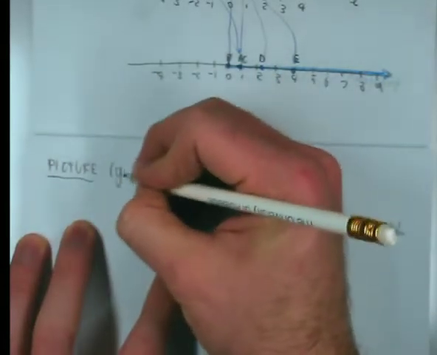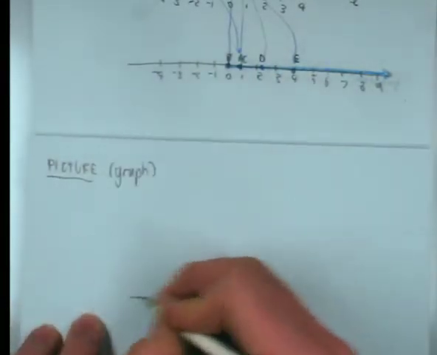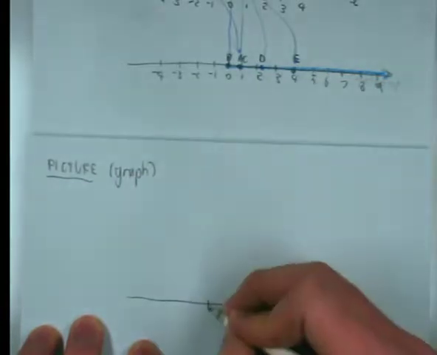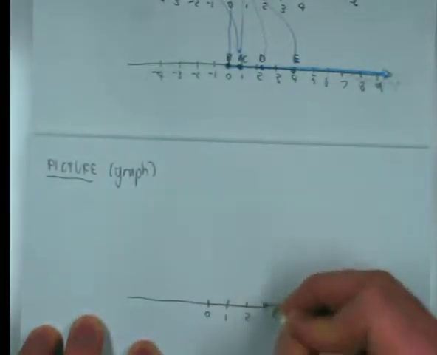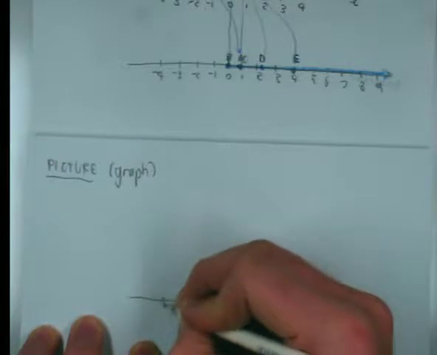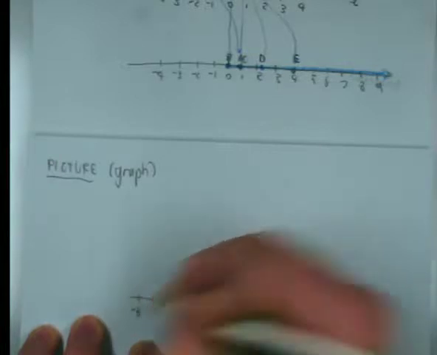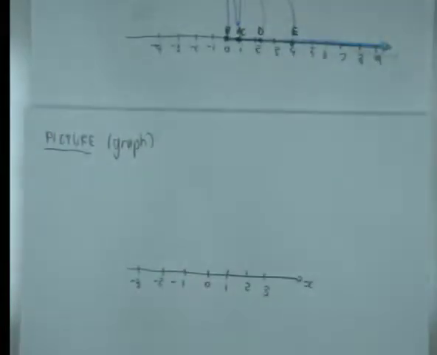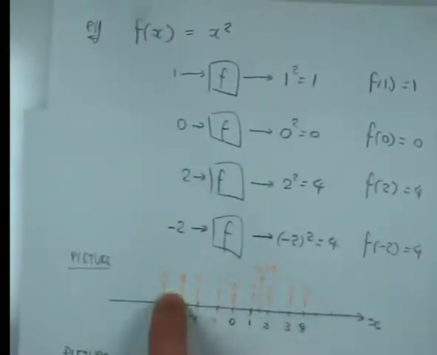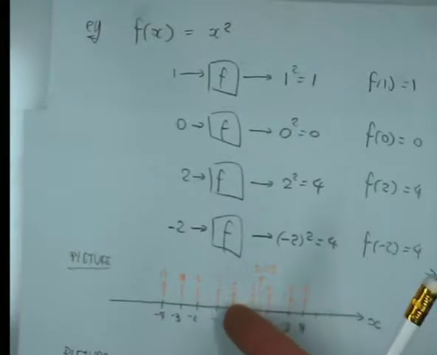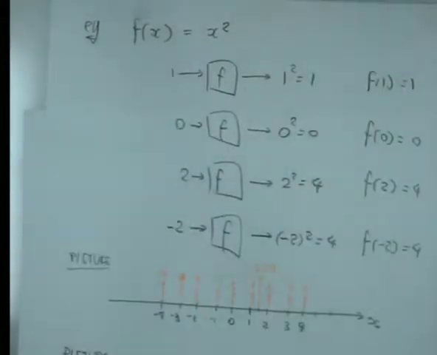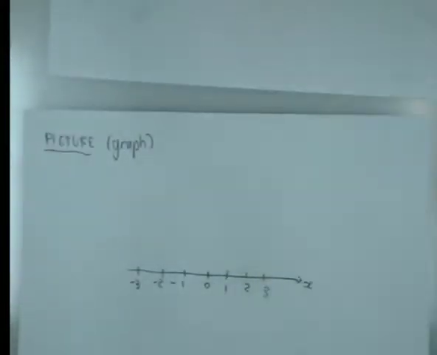This picture is called the graph. And the idea is that you put your x here, the same as we did before. And instead of just writing down what the number is, we go that distance upwards or downwards if it's negative, and we put a point, a dot in that spot.